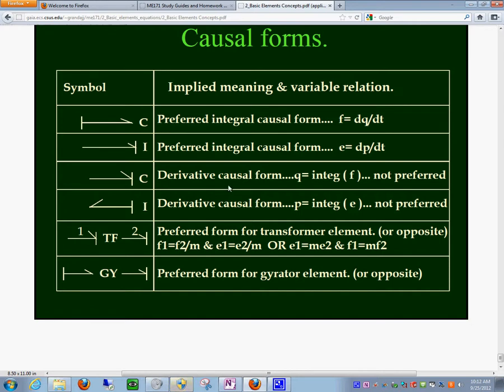This is the preferred integral form that we want for C elements in here. And this is the preferred one for I elements. But for the other ones, the derivative happens because it depends on how systems are connected. The TF always this way, the GY always this way.